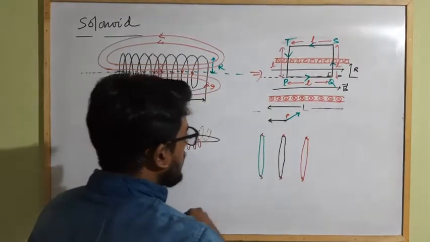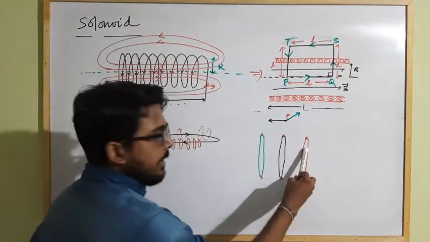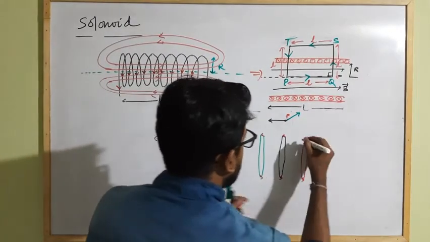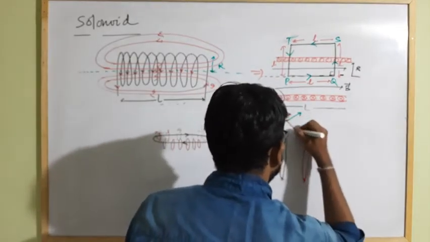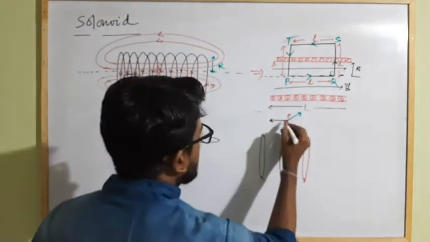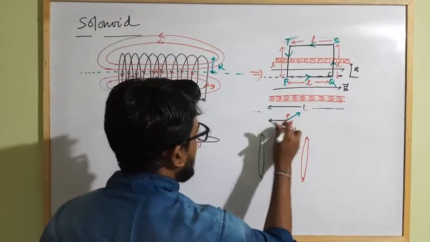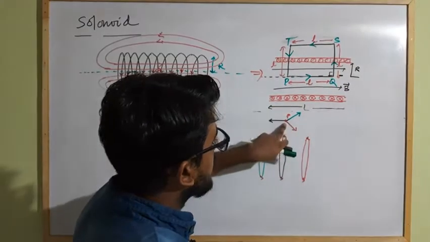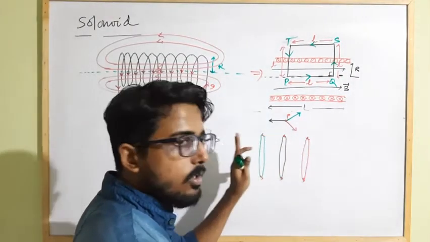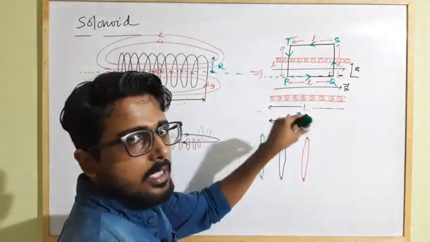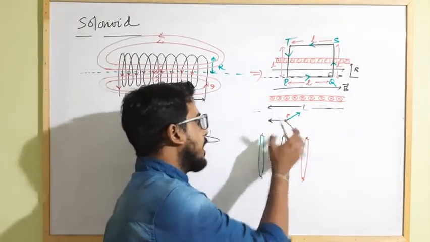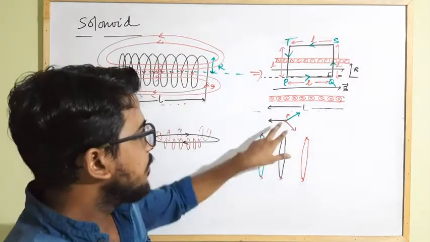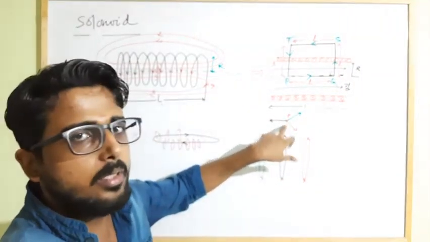Similarly, for this current carrying coil, the point of observation will be a little bit towards left. So for this the magnetic field strength will be along this. So as this point is outside, these 3 are acting along different directions. So the net magnetic field at this point, due to the combination of all the current carrying rings, will be 0. These coils are close to each other, so the magnitudes will be very nearly the same. So the net magnetic field strength at this point will be 0.